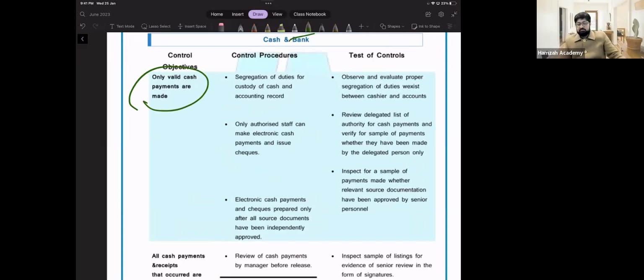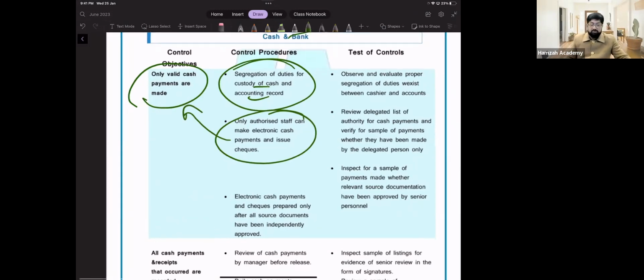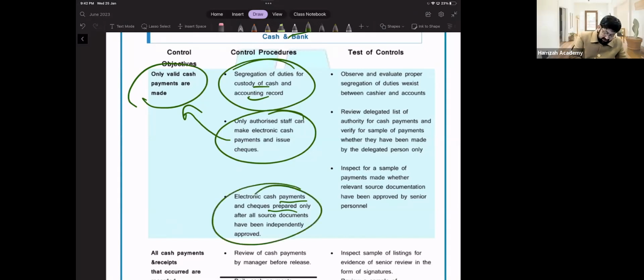So first of all, custody of cash and accounting record to different person to avoid fraudulent payment. Only authorized staff can make electronic payment, right? And check and payment should be made when source document, payment vouchers with the proofs. Then they have approved, then they should be prepared.